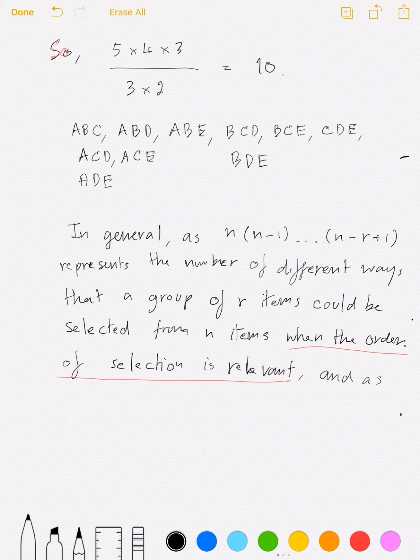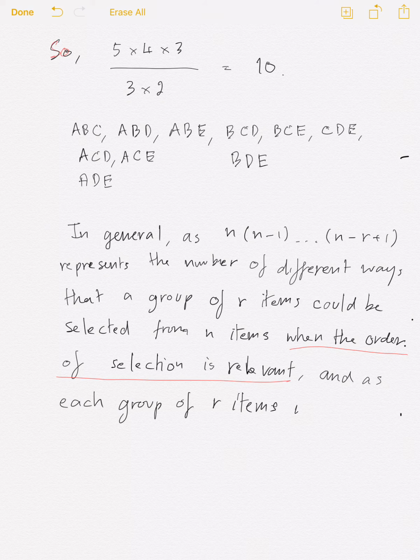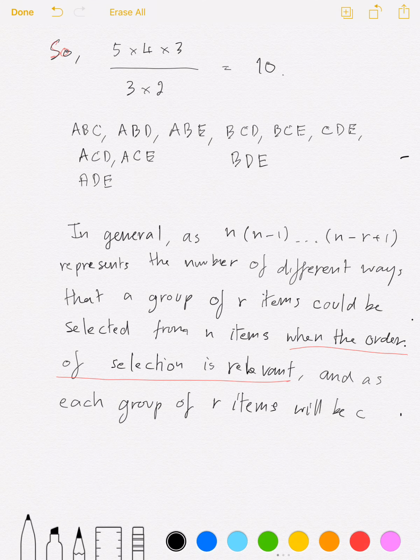And as each group of R items will be counted R factorial times, right?